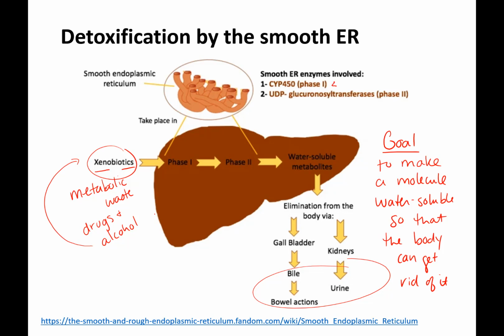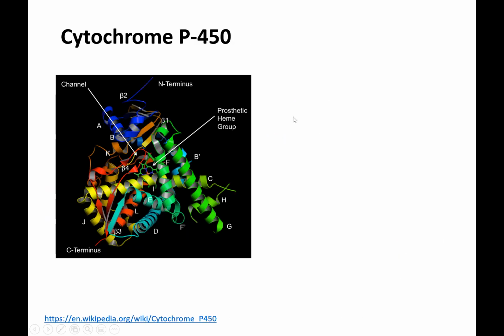And we're just really going to focus on this family of proteins called Cytochrome P-450. Cytochrome P-450 is what we call a superfamily, so a large family with multiple enzymes. You'll also see it abbreviated as CYP, and there are different CYPs.